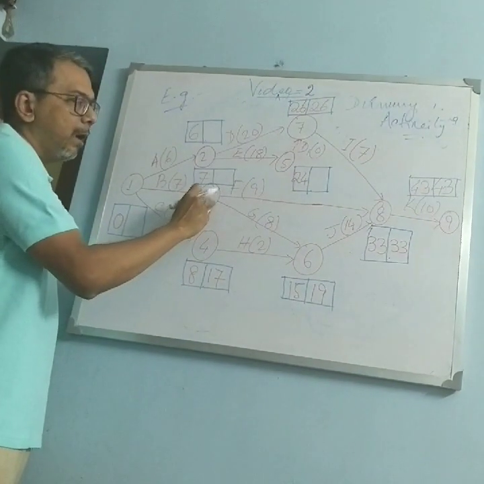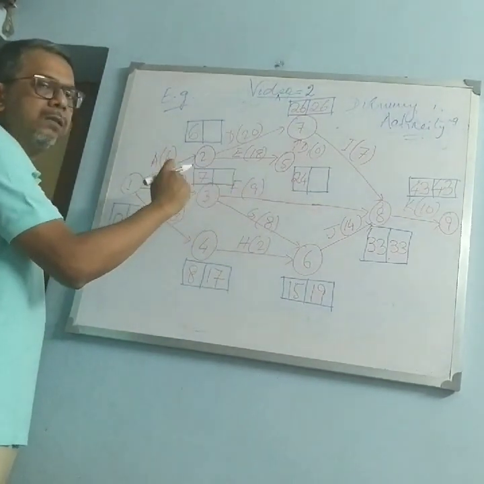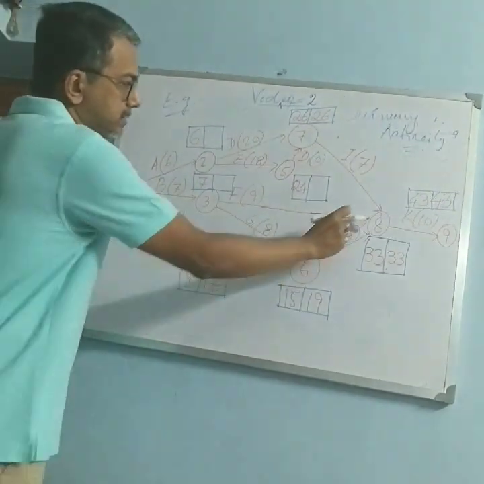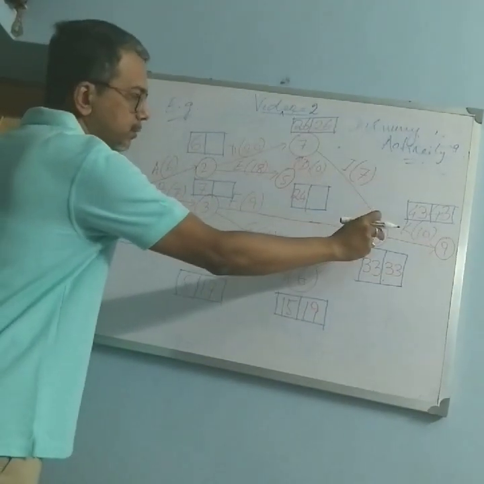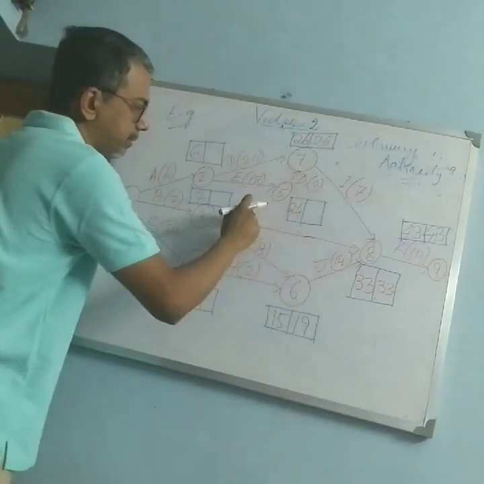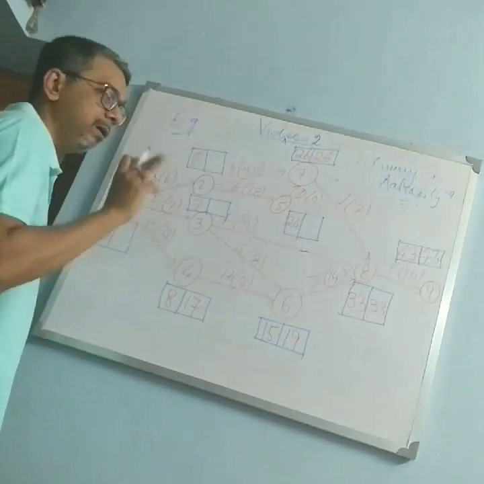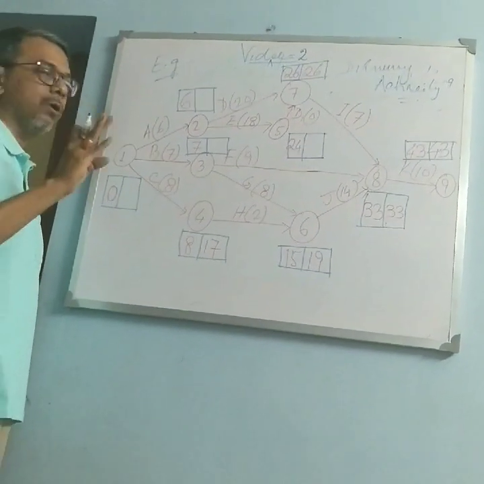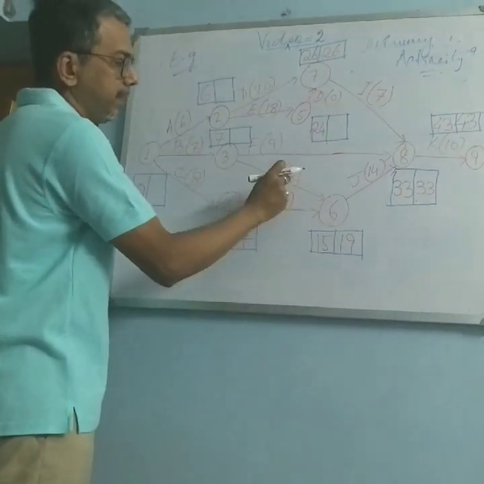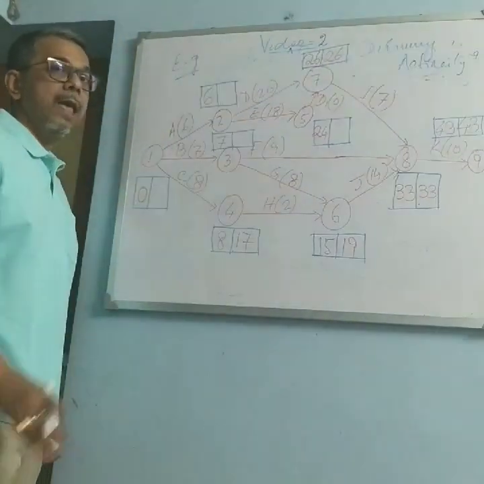Now in 3, how many arrow tails are there? 2 arrow tails are there. So one is coming from 6, another is coming from 8. So 33 minus 9 will be how much? 24. But we have to calculate both of them. Another is coming from 6, that is 19 minus 8 is 11.